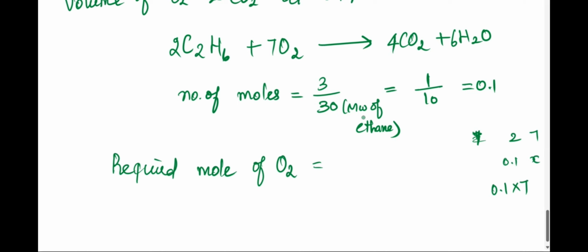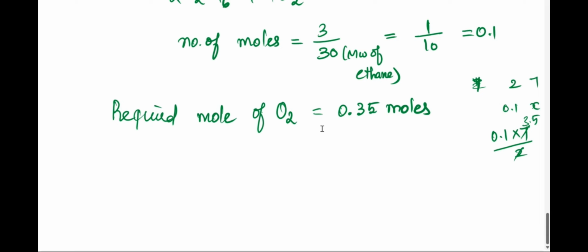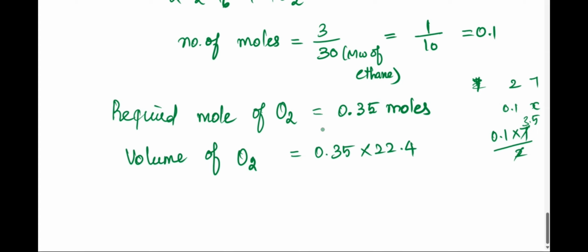So 0.1 into 7 divided by 2, which will become 3.5 into 0.1, that is 0.35 moles. Don't rely on the formulas each and every time; you should know these conversions also. And volume of O2 at STP is just multiply with 22.4, isn't it? So 0.35 into 22.4.